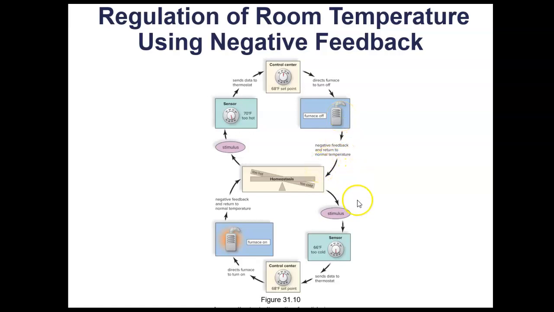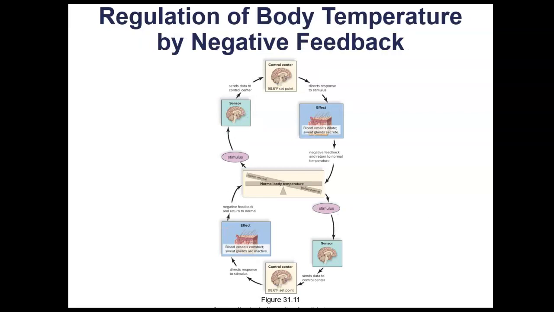We also have a mechanism for if we do get too cold. Our hypothalamus is always the control center, and it will tell various targets what to do to cause our body temperature to rise back to normal. So body temperature is definitely maintained by negative feedback. And here we go. This is the slide that shows you what happens in the human body.